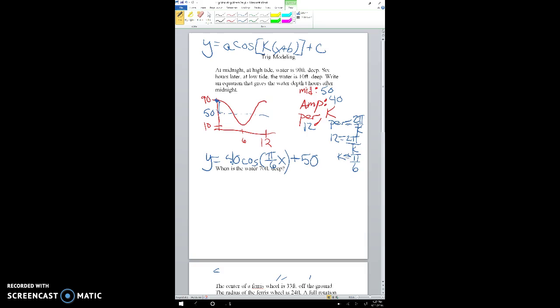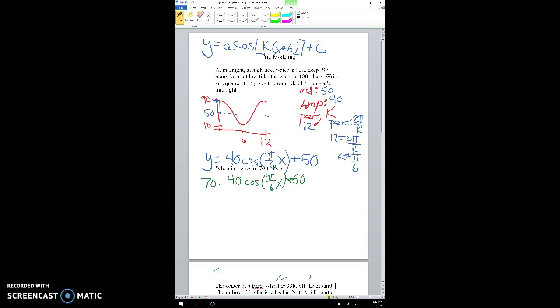And then in part B, it asks you, when is the water 70 feet deep? So then you're going to take your equation and set it equal to 70. So 70 equals 40 cosine pi over 6x plus 50. Okay.